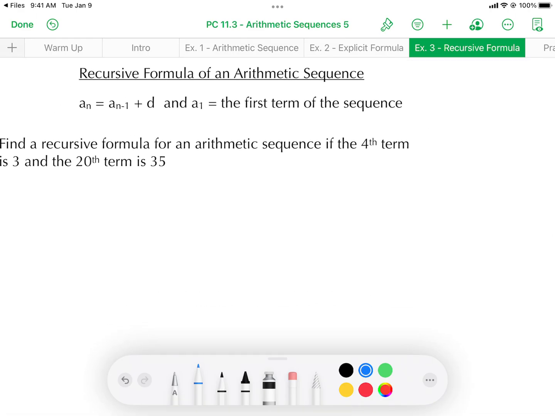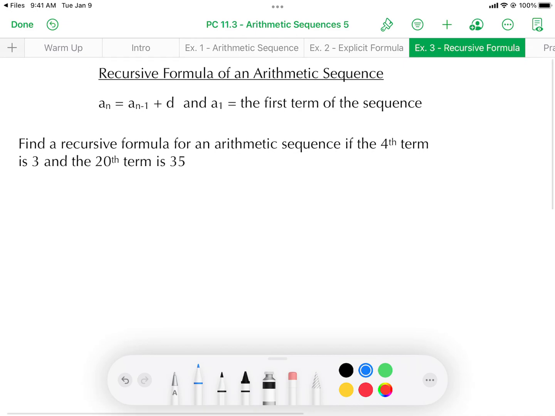Recursive formula, a sub n is just going to equal a sub n minus 1, which that notation means the term directly before a sub n, and you're going to add d to it. And then, of course, don't forget you have to give the first term of the sequence, okay? So as long as we know a sub 1, as long as we know d, we can come up with both explicit and recursive formulas, okay?